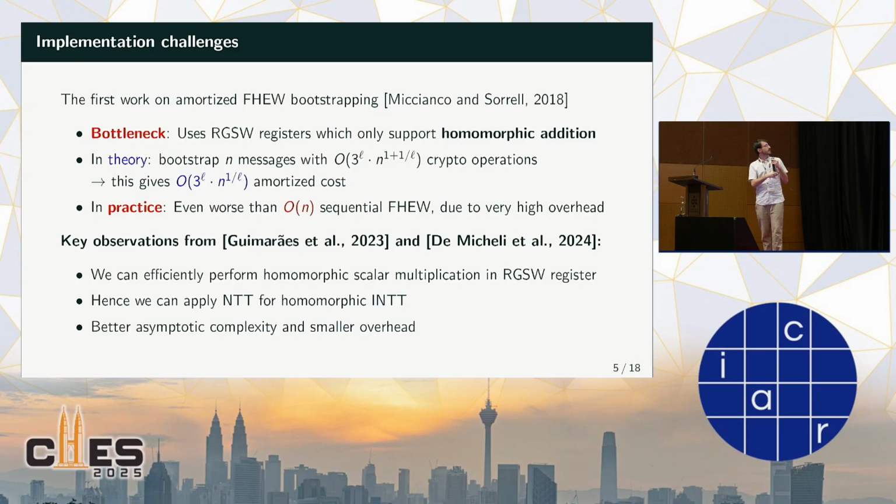So the key observation from Guimarães et al. and also by De Micheli et al. is that we can efficiently perform homomorphic scalar multiplication in RGSW ciphertexts, and hence we can use the NTT, applying the homomorphic INTT, which allows you to get some speedup when doing the amortized bootstrapping. And this gives you a better asymptotic complexity and small overhead.